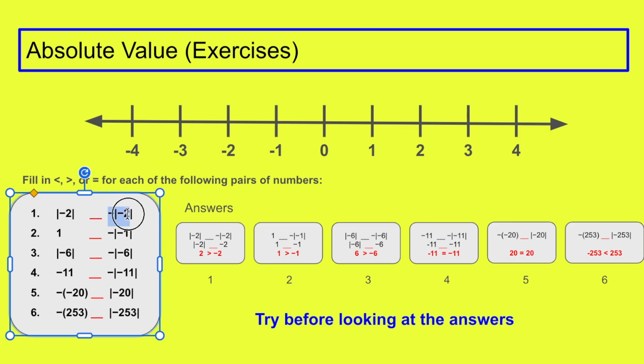The absolute value of negative 6 becomes 6, but there is a negative in front of the absolute value symbol, so it becomes negative 6. This is a constant. Negative 11 stays negative 11. Here, negative 11 becomes positive 11 because of the absolute value symbols, and then there is a negative in front, so this becomes negative 11. So both of them are going to be negative 11. You will know the answer then.